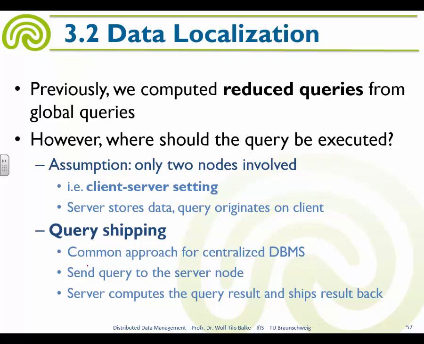In all these things that we did now, we looked at reduced queries from the global query. But one question that we did not look at yet is where the query should be executed. Because if you have 2 fragments, chances are they will reside on different nodes, so you can do the computing in either node.